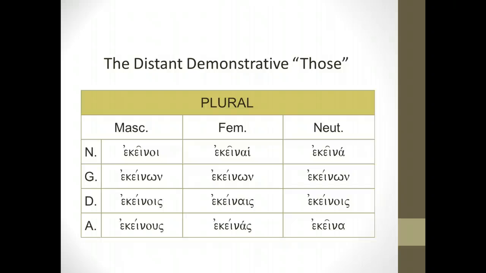With that in mind, let's look at a few practice sentences and make a few observations. In this first sentence, and this shows up quite a bit in the Bible, we have en tais hēmerais ekeinais, and notice that I've translated here as in those days. Notice that the definite article will always appear with the noun that the demonstrative is modifying.